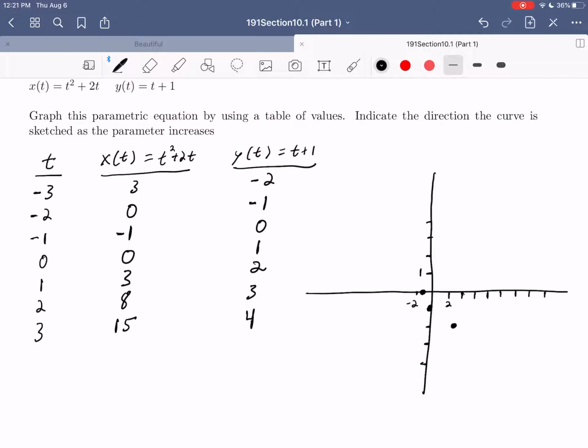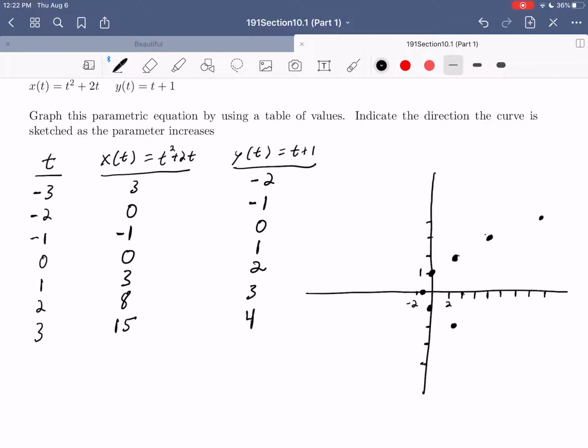Then we had (0, 1), which looks like it's right there. Then (3, 2), so (3, 2) right there. Then we had 8, so 2, 4, 6, 8, and 3, so somewhere up there. And then looks like we had 15, so 2, 4, 6, 8, 10, 12, 14, 15, and 4.